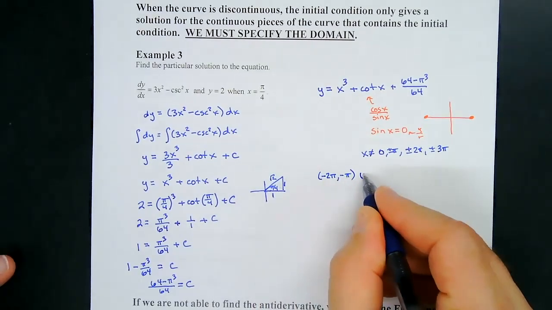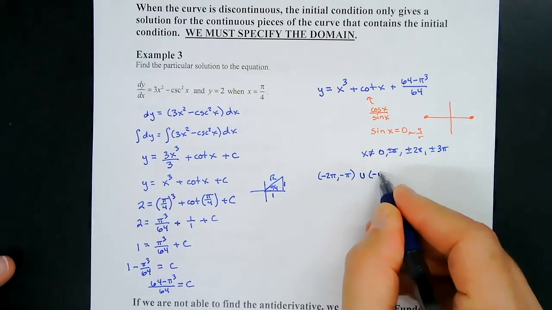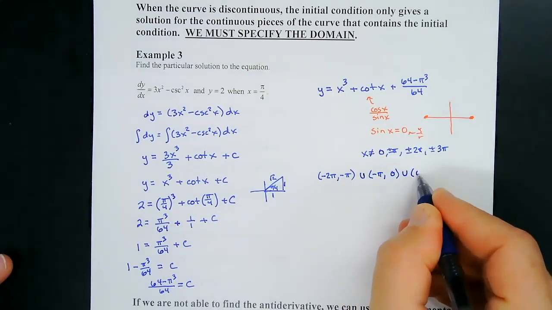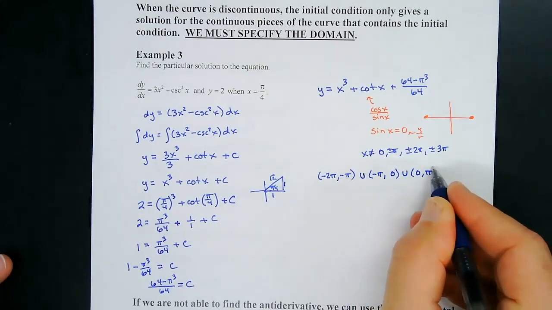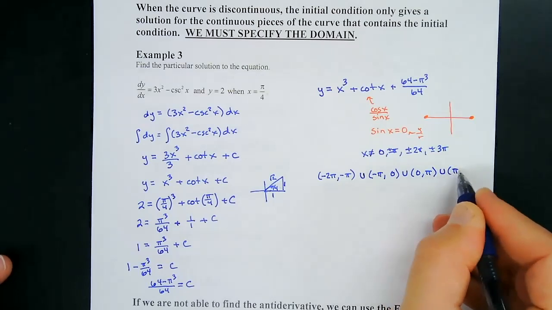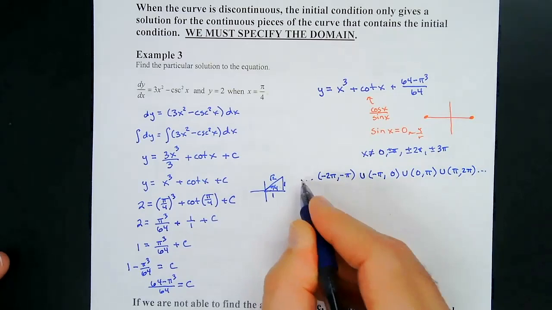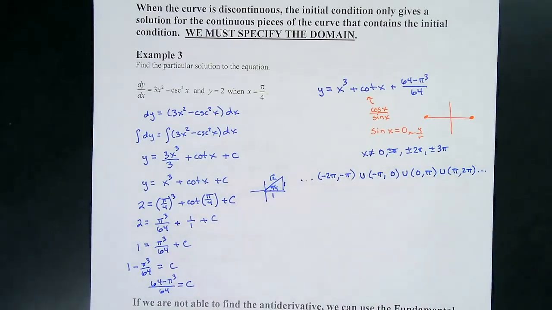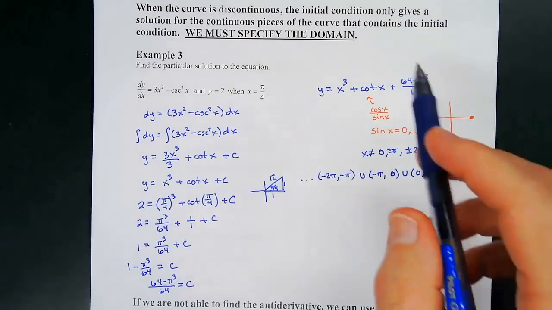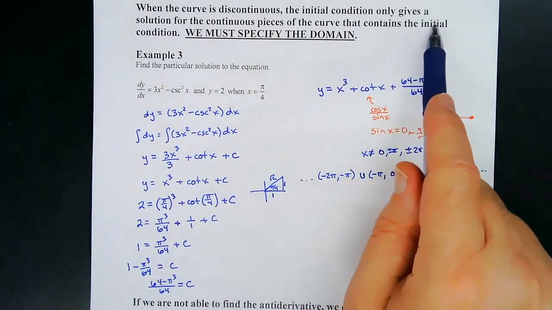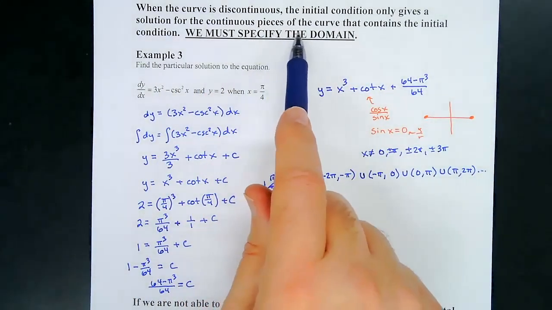And then union, if we were writing the domain, negative pi to 0, union 0 to positive pi, union pi to 2 pi, and so on. On both sides, we can continue going forever in both directions. So there's all these individual breaks. So what this means up here, let's go back: the initial condition only gives a solution for the continuous piece of the curve.